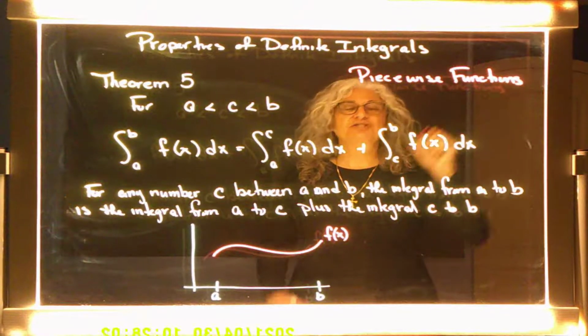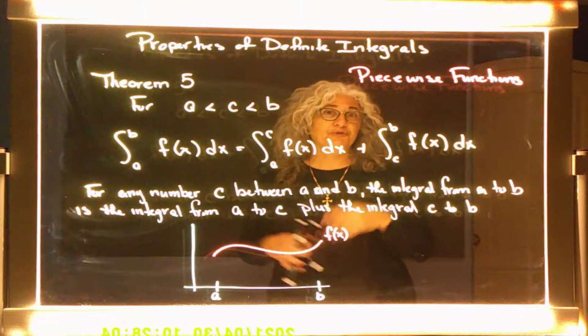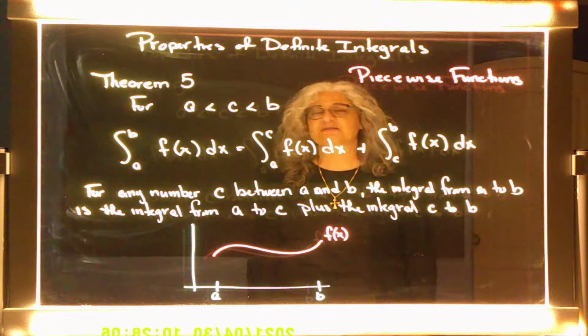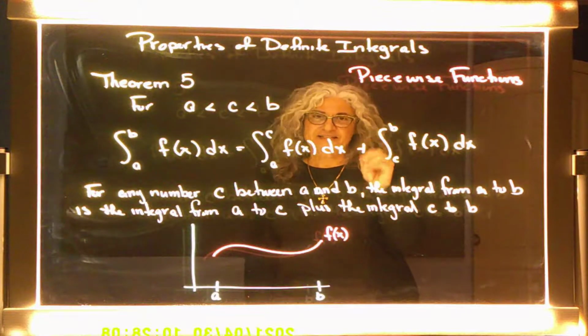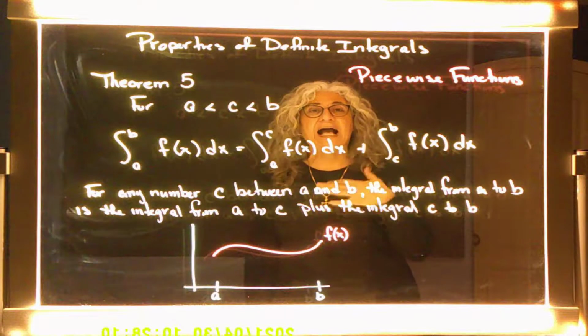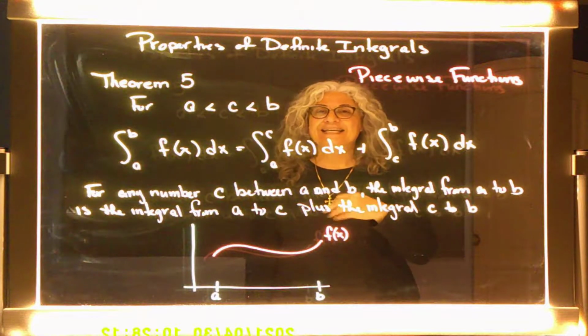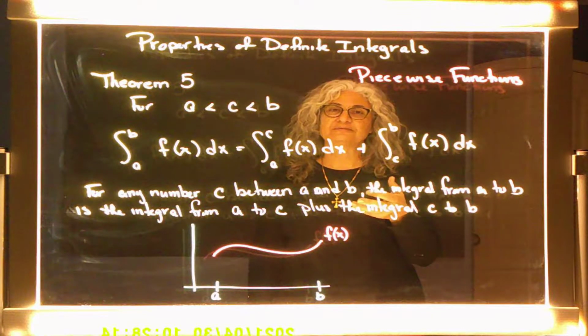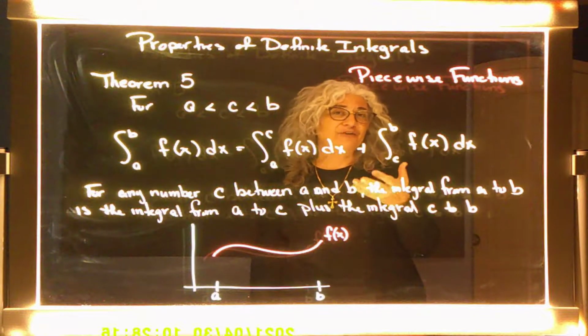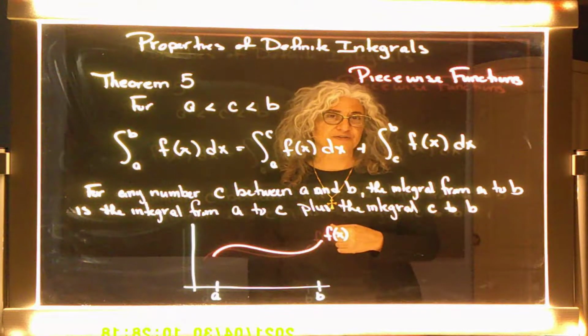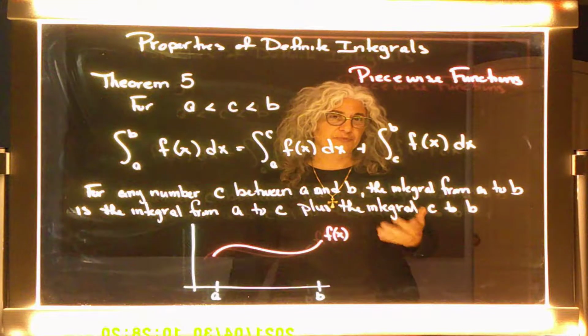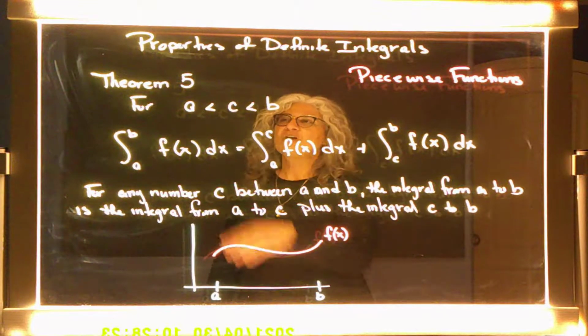It's one function broken up into 2 or 3 pieces or even more pieces. This section is going to show us how to take the integral to anti-differentiate piecewise functions. So Theorem 5 is a very important theorem, so let's look at it.